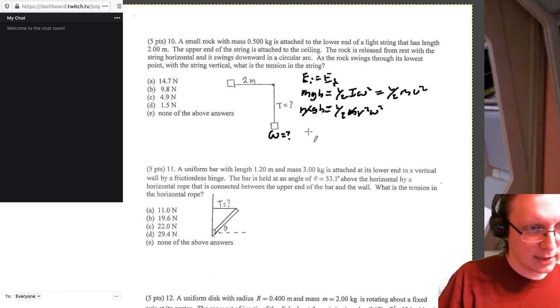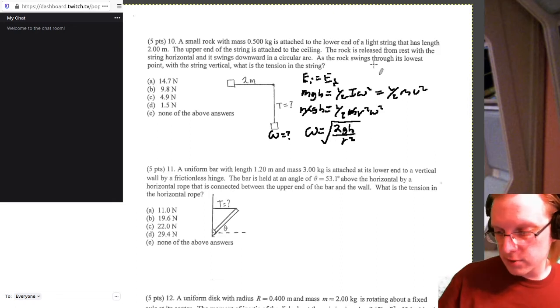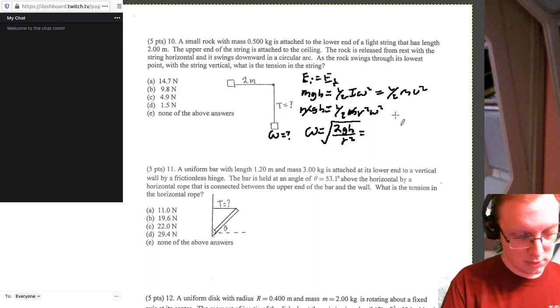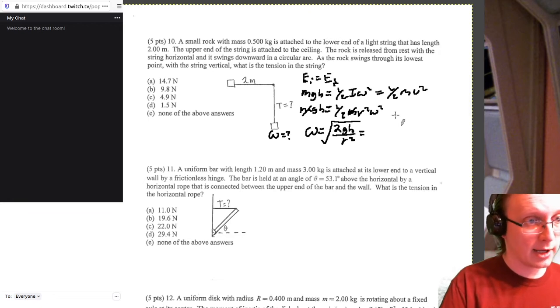And then so the omega is equal to the square root of 2gh divided by r squared. Equals square root of 2 times 9.8 times the height.